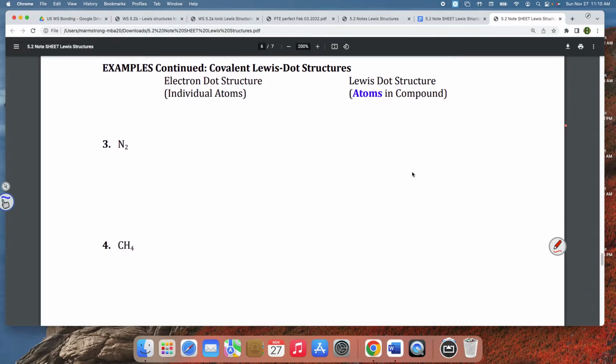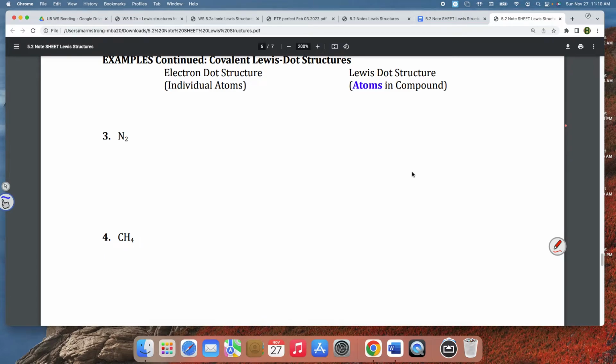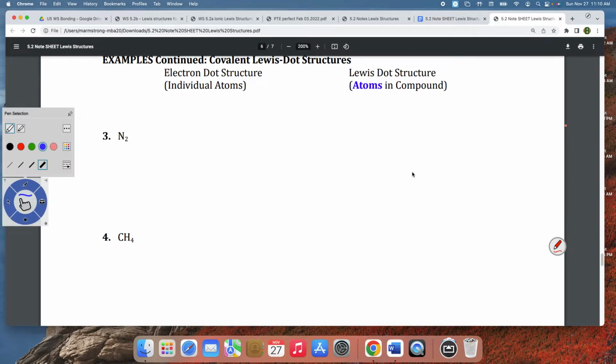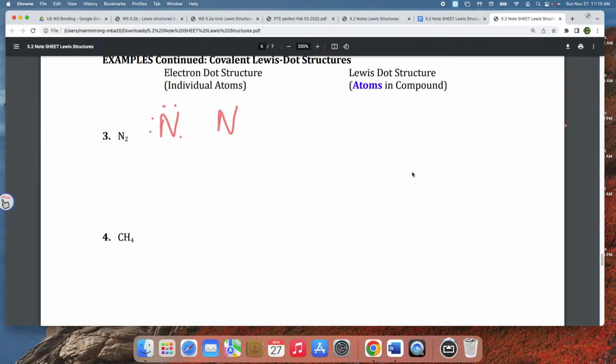All right, let's do some more practice. Nitrogen. So each nitrogen has 5 valence electrons: 1, 2, 3, 4, 5. 1, 2, 3, 4, 5. Let's do X's. Excuse me.